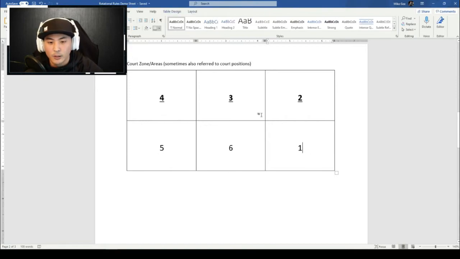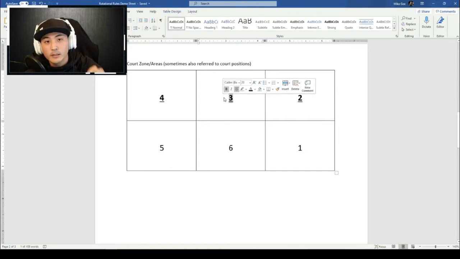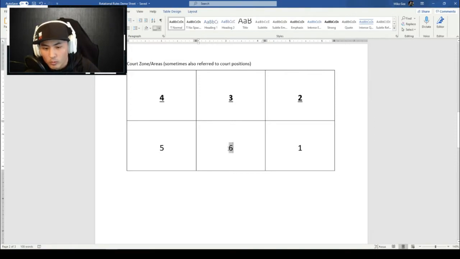whoever is third in line or whoever is the skill position player in middle front or in zone 3, you must start closer to the net than your teammate who is currently in zone 6 or 6th in line to serve.